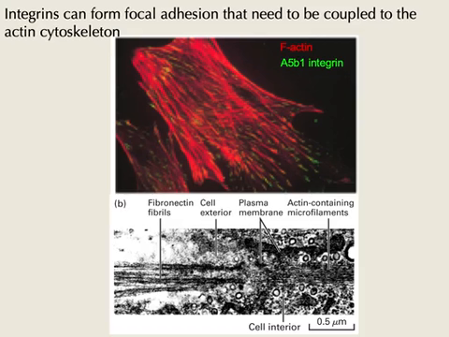So this is also illustrated here in this old electron microscopy. So the plasma membrane would run here, and you have a very direct connection between these fibronectin fibrils here, that's the outside of the cell, and the actin filaments on this side. So in here, this is where you would find the integrins and this adhesion complex.